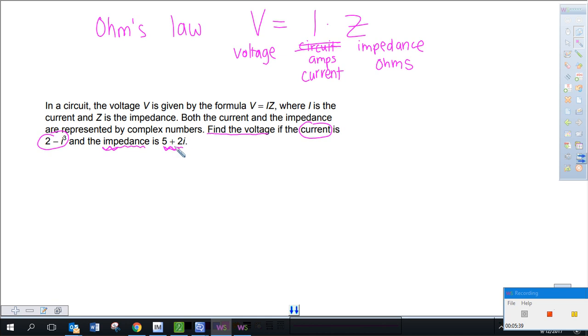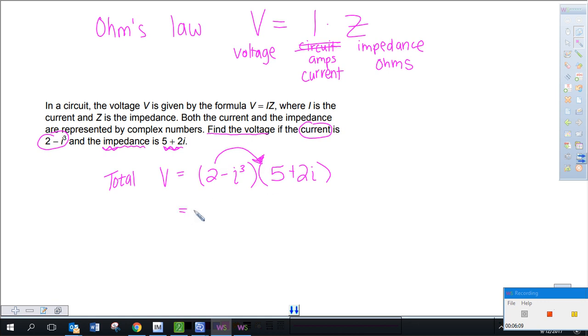This is my total impedance, so this will be finding the total voltage, not the voltage of an individual piece of the circuit. So for our total voltage, I'm going to take the current, 2 minus I cubed, and multiply it by the impedance of 5 plus 2I. I have a binomial times a binomial, so I need to make sure I distribute.